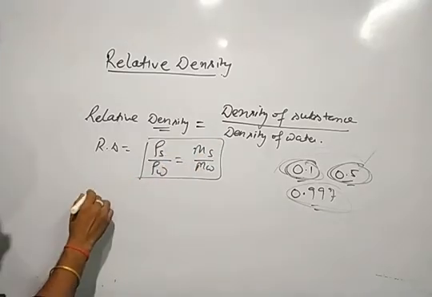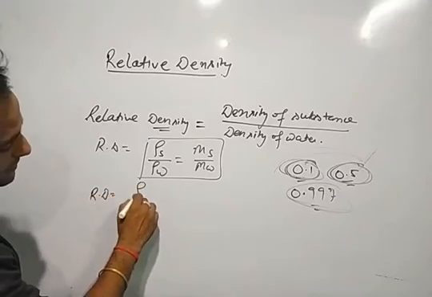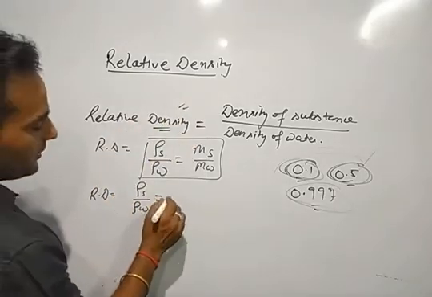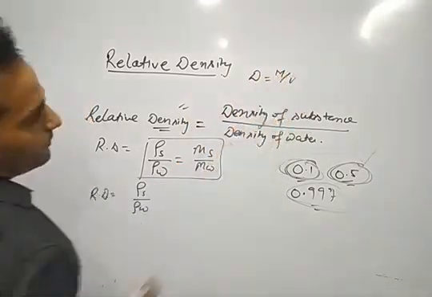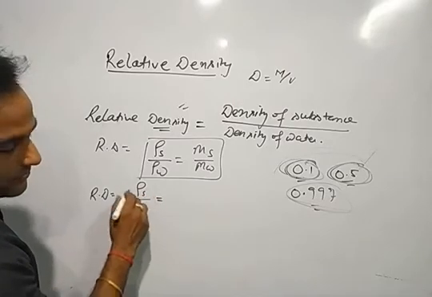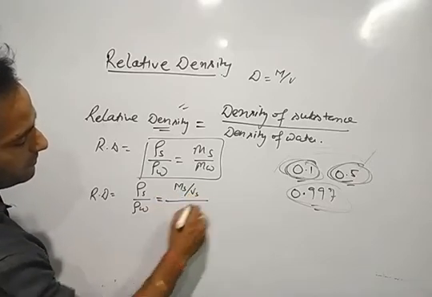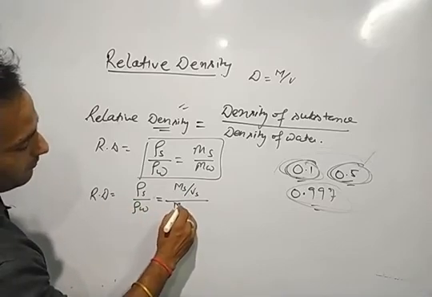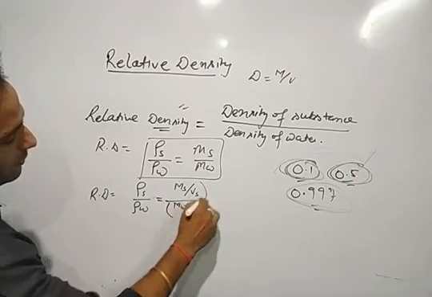I have told you relative density is equal to density of substance upon density of water. Density means mass upon volume. So density of substance is mass of substance upon volume of substance, and density of water is mass of water upon volume of water. Now listen carefully.